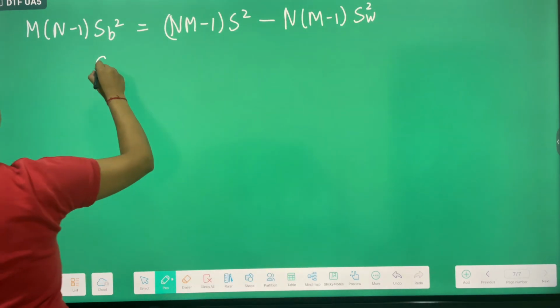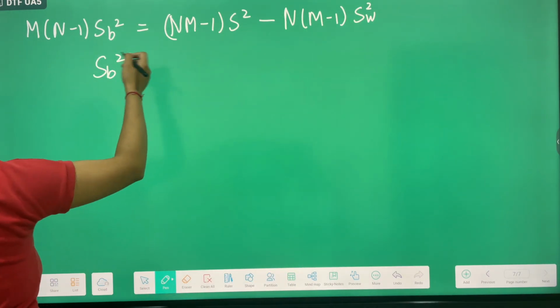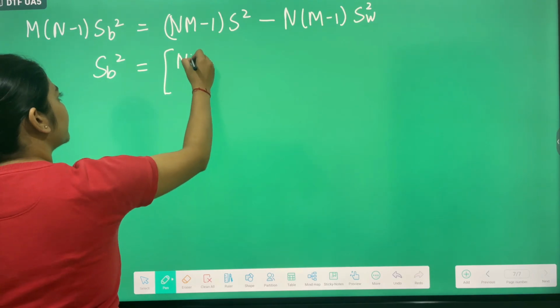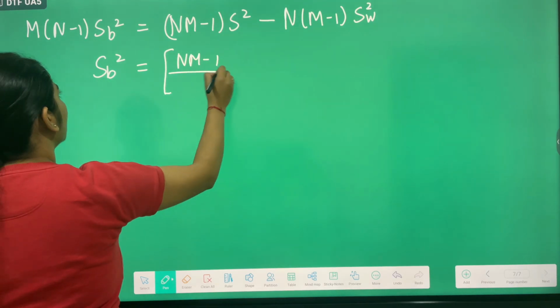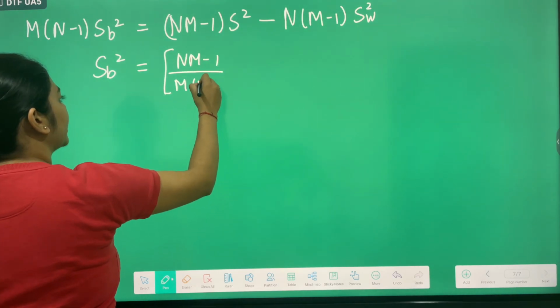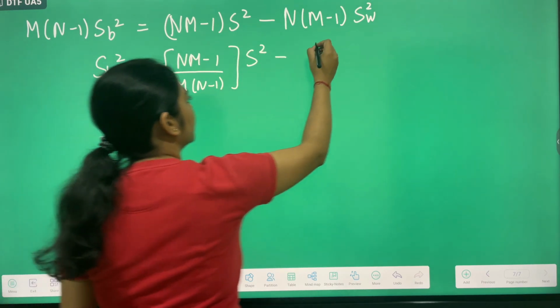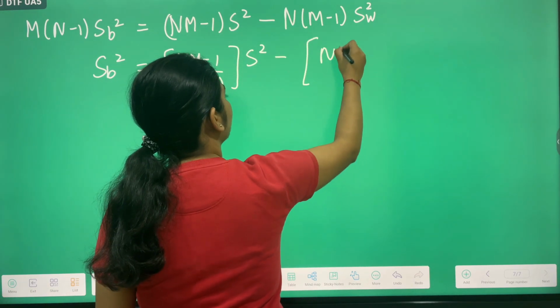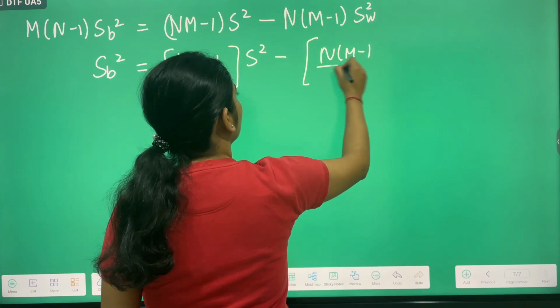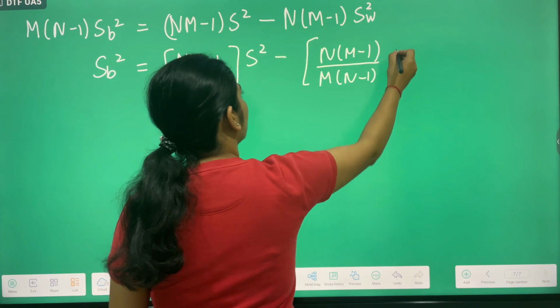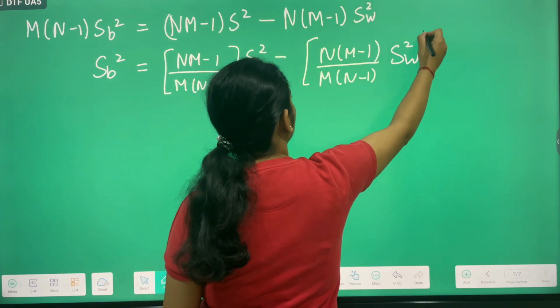Now we'll divide the whole equation by M into N minus 1. So this will be NM minus 1 upon M into N minus 1 S square minus N into M minus 1 upon M into N minus 1 S_W square.